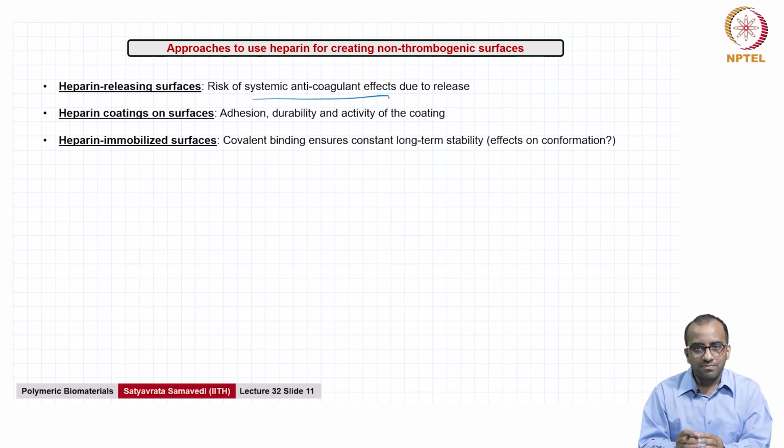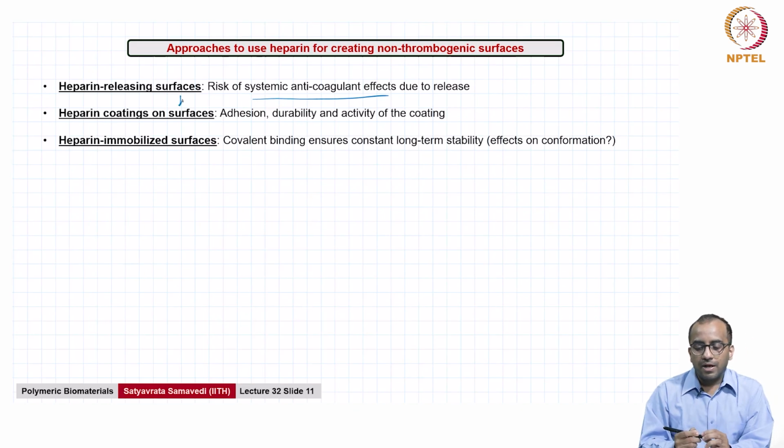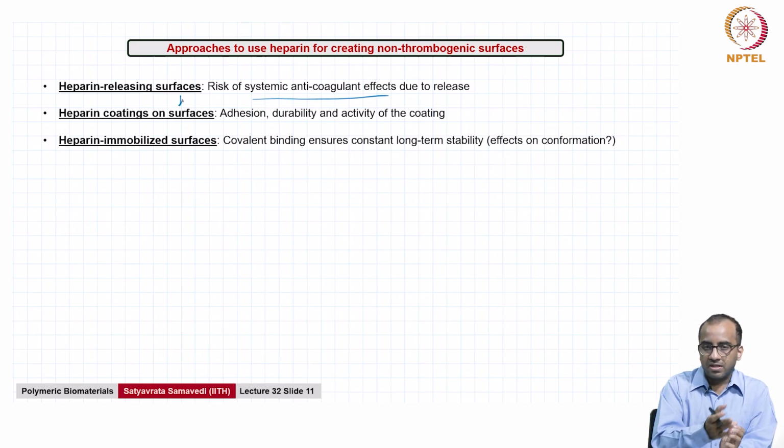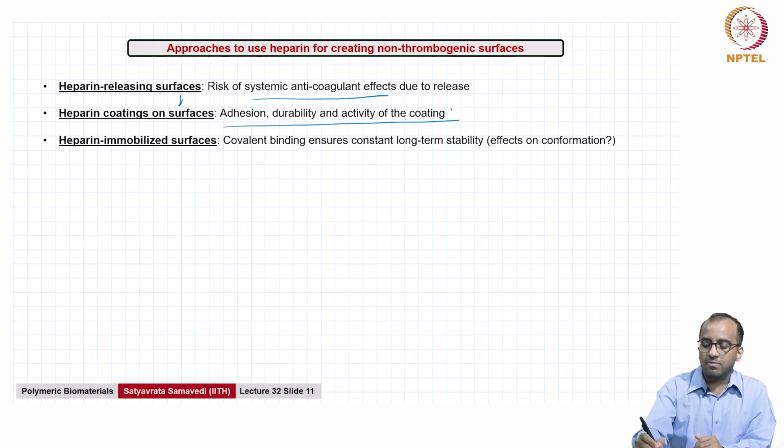You can have heparin mediated effects at off-site locations, which may not be very helpful. So, there is a small risk associated with initiating systemic anticoagulant effects. You can also have heparin coating on the surface, but these are just physisorbed, then the adhesion and durability and activity of the coating needs to be carefully considered, especially when it comes to long-term performance.